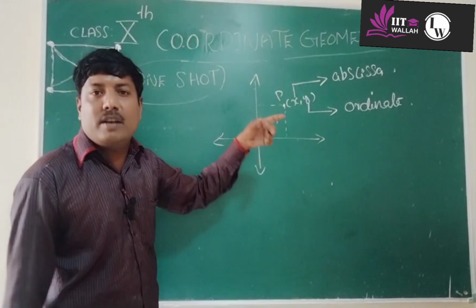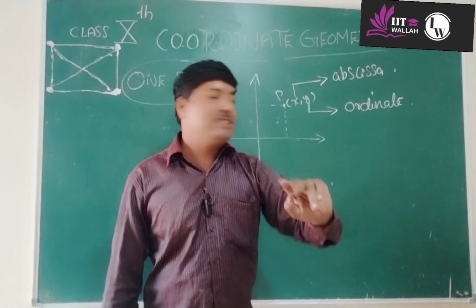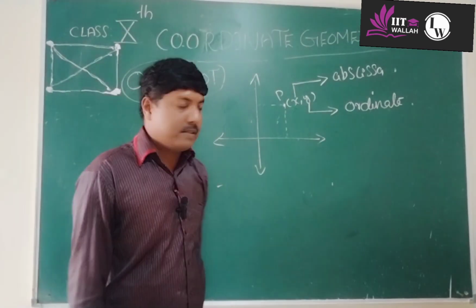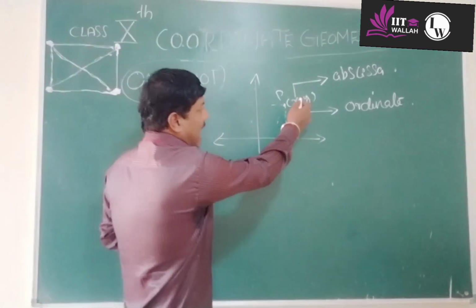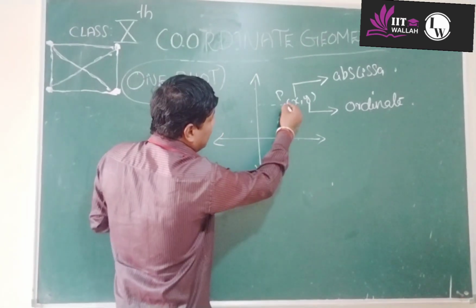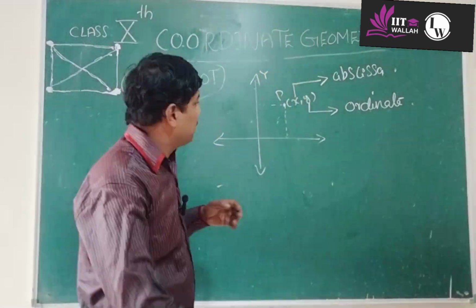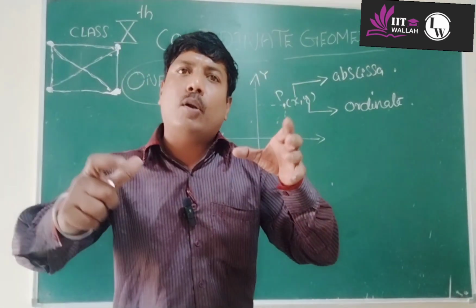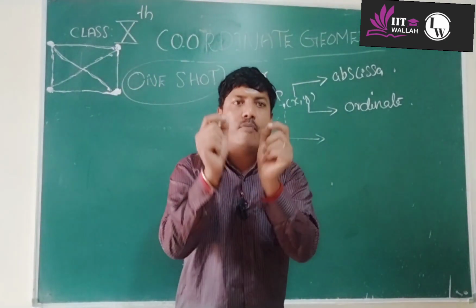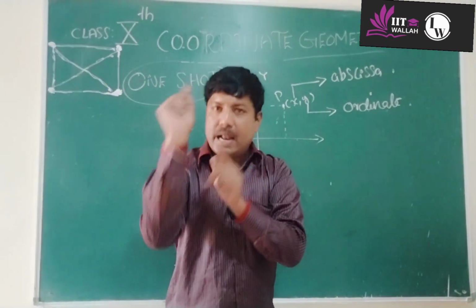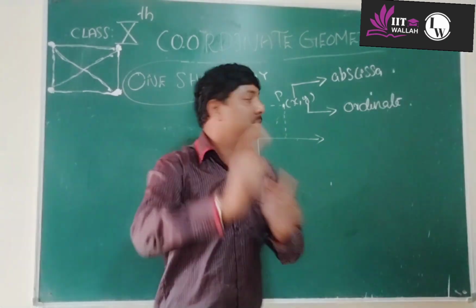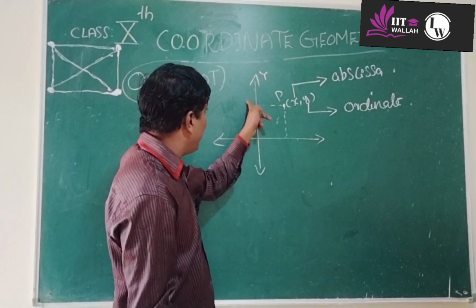Any point will have 2 coordinates, one x coordinate and one y coordinate. What do you mean by the x coordinate of a point? The x coordinate of a point is the distance of that point from the y-axis.